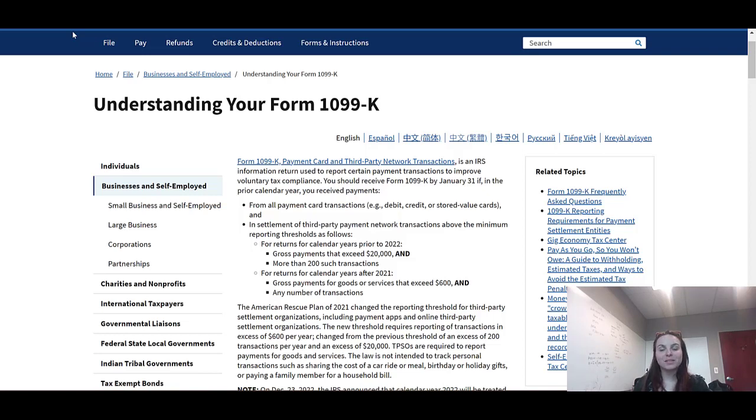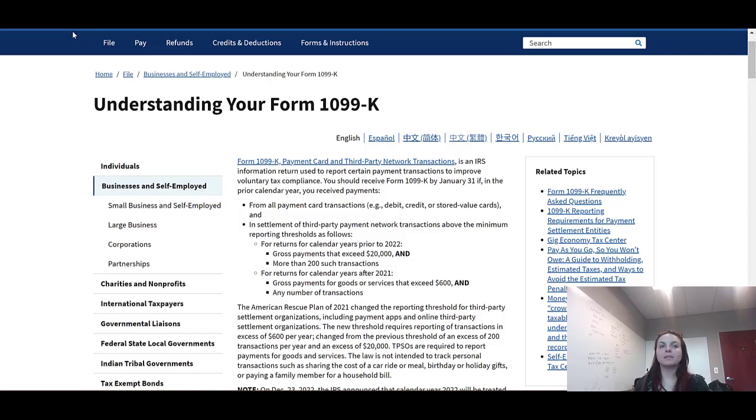But if you own a C corporation and that C corporation has paid you dividends, guess what? Your C corporation needs to issue a 1099 DIV. Some people miss that when they have a C corporation.